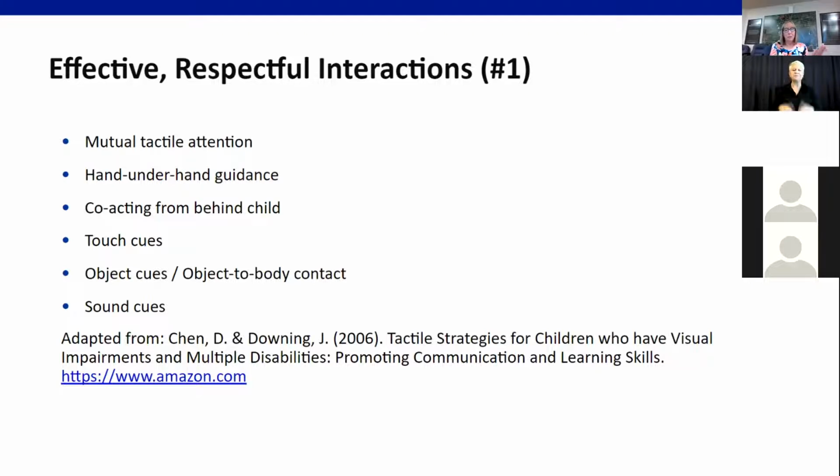Object cues and object to body contact is where any kind of an object that is meaningful to a child is used to provide cues to help the child anticipate what is going to happen. If you hand a child or touch a bottle to a child before you actually go to feed the child, that child will know, oh, okay, we're going to start eating now. I had one family that I worked with that, because their child was very much into textures, had a piece of cloth that replicated the texture of the child's car seat.